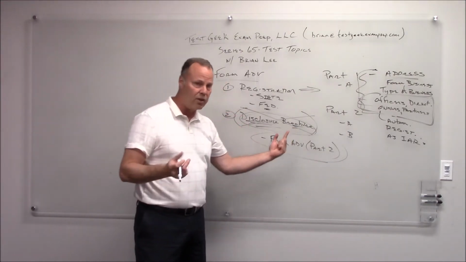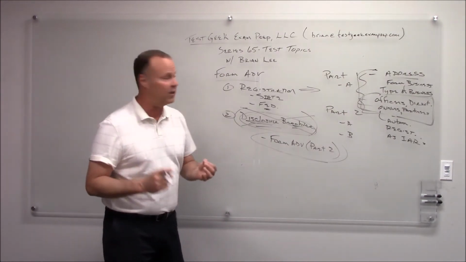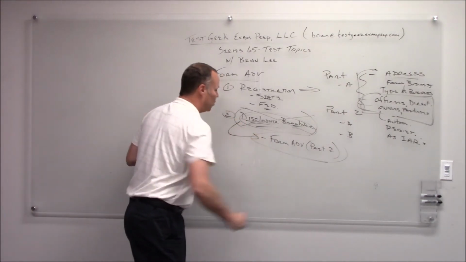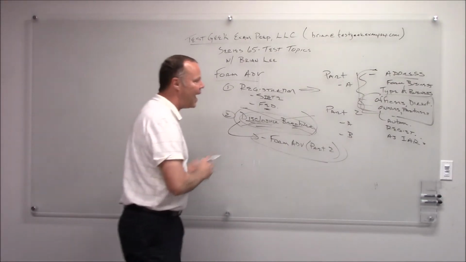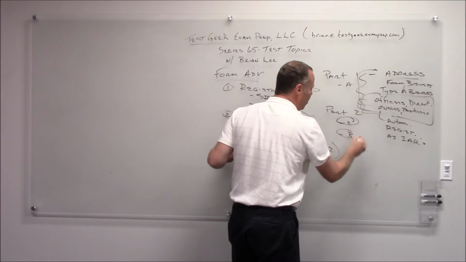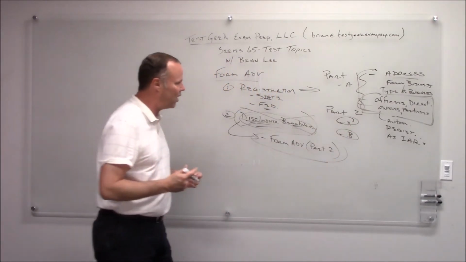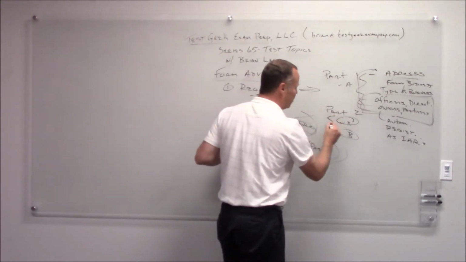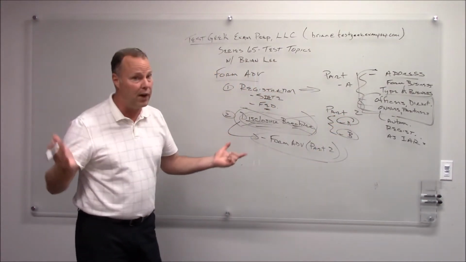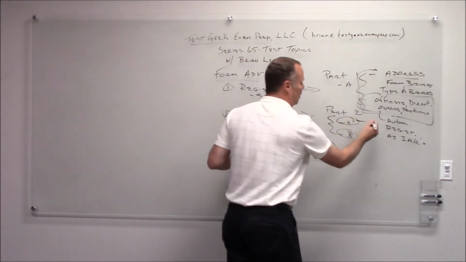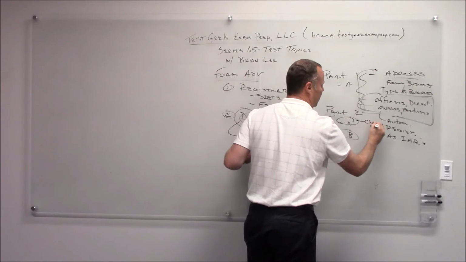The real test uses it very rarely, if at all. Instead, they will simply refer to the Form ADV Part 2. Okay? And again, we know there's two parts to it, but generally speaking, I don't know if any test question will actually ask you to distinguish between those two. However, very easy. What we charge, right? The fees.